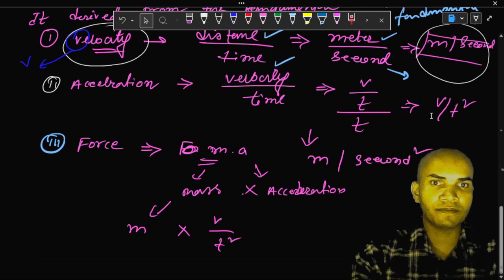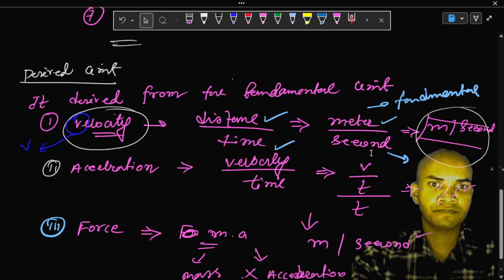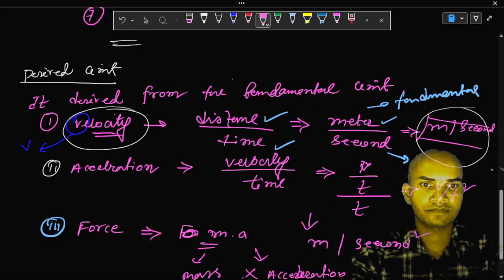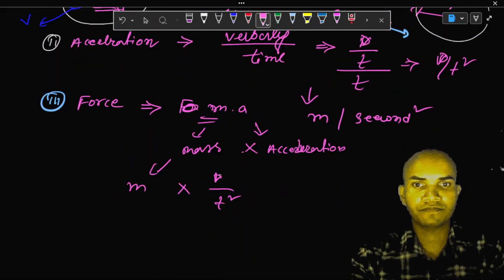Okay, so here velocity v is representing what? You can see this velocity is equal to meter by time. Velocity is equal to d by t, sorry, here it will be d by t. And acceleration will be d by t square.